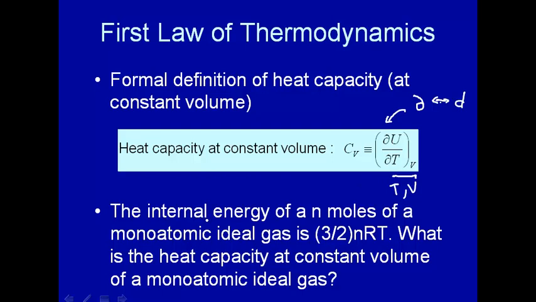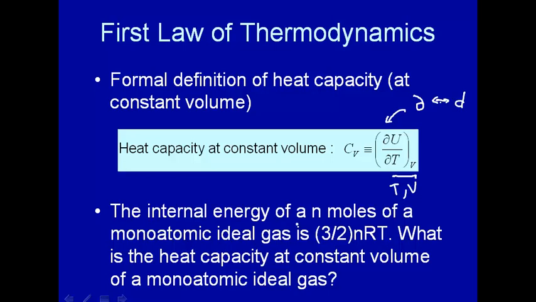We'll learn in statistical thermodynamics in our 2 lectures at the end of the course that the internal energy of n moles in a monoatomic ideal gas, approximated by, say, helium, is 3/2 nRT. What is the heat capacity at constant volume of a monoatomic ideal gas?